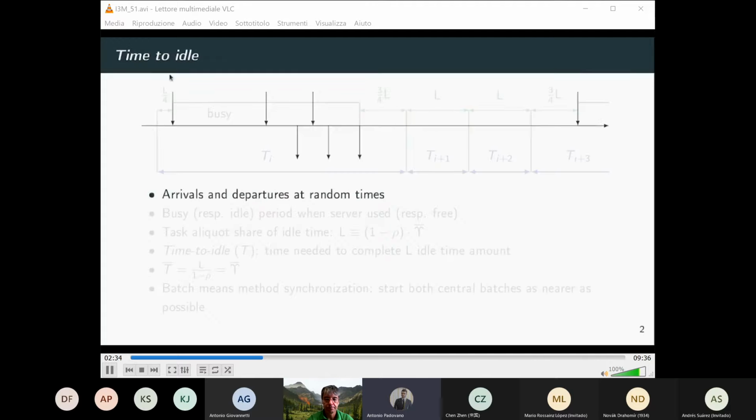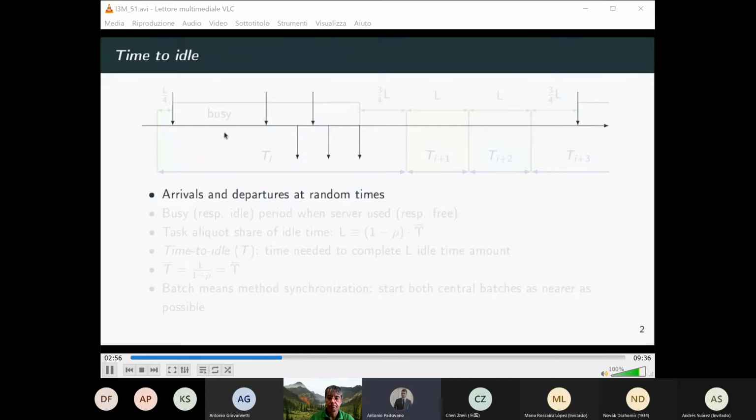How is the time-to-idle process defined? If we observe the evolution in time of the system, we see tasks arriving, waiting in the queue, and afterwards being served, and then these tasks depart the system.